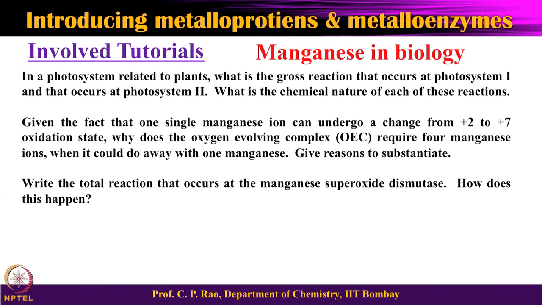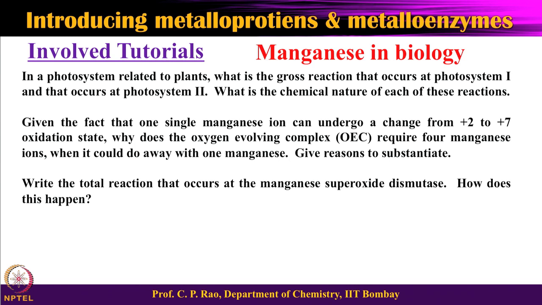At photosystem 1, you need to do reduction and bring the carbohydrate. In photosystem 2, you need to do the oxidation of water to O2. So, what is the chemical nature of these reactions? The first one is reduction, the second one is oxidation. In photosystem 1 you always have a reduction, and in photosystem 2 you always have an oxidation.